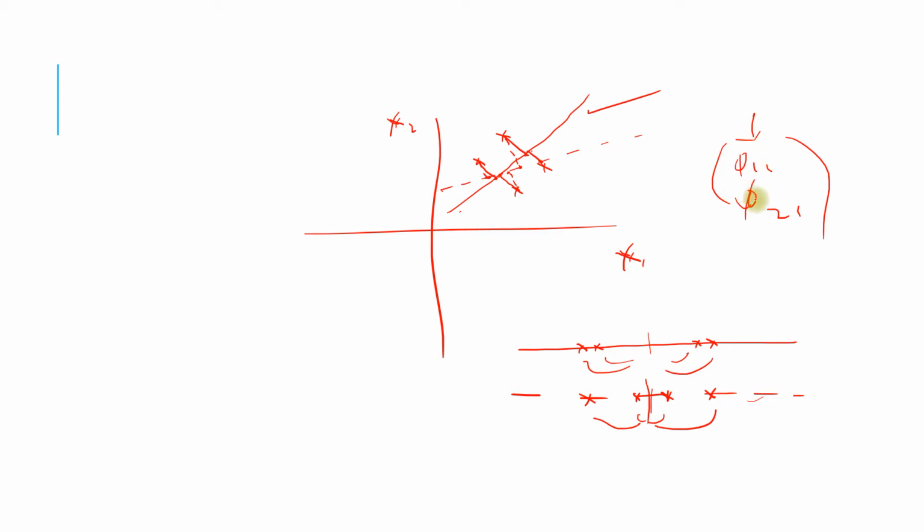So this phi 1,1 and phi 2,1 will be the vector that defines the hyperplane, or defines the line that will be explaining the maximum variance. All right, so you cannot use just any phi 1,1 and phi 2,1. You will have specific values for which the variance is maximized.